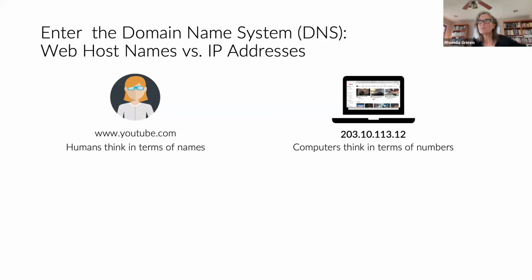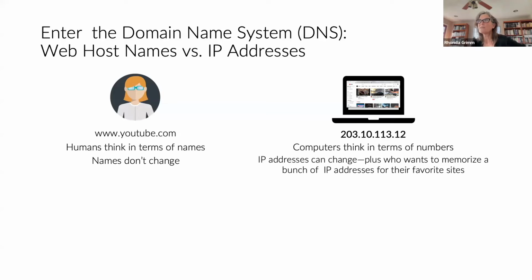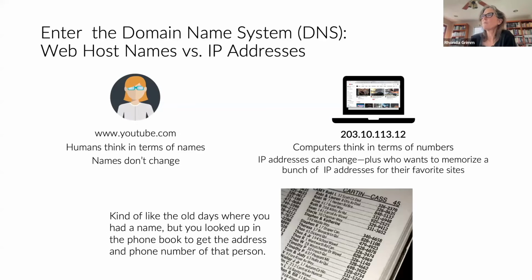Computers think in terms of numbers. Names don't change. IP addresses can change. And also, who wants to memorize their favorite sites' IP addresses? That would be terrible. So it's kind of like the old days where you had a phone book. You remembered your friend's name, but you couldn't necessarily remember their phone number or their address, so you could look it up in the phone book.